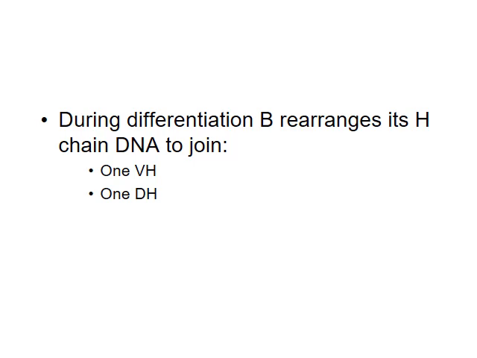So during differentiation, B cell rearranges itself into a heavy chain DNA to join one variable and another diverse, H part.